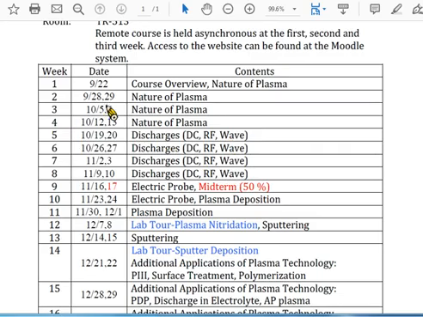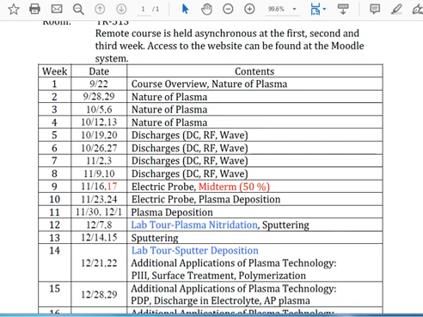In the first 8 weeks, the class contents focus on the nature of plasma and the discharge process of plasma. These parts are fundamentals and a little bit theoretical.